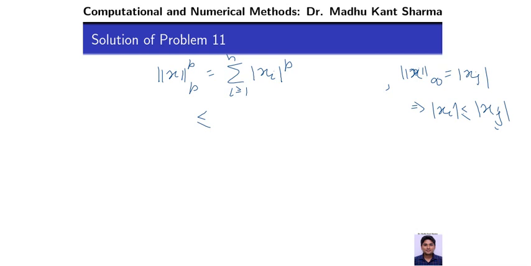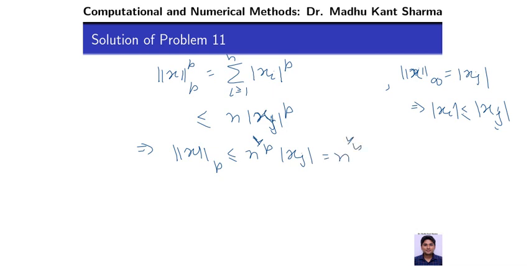So this relation is true: the p-norm of x is less than or equal to n to the power 1 by p times the infinity norm of x.